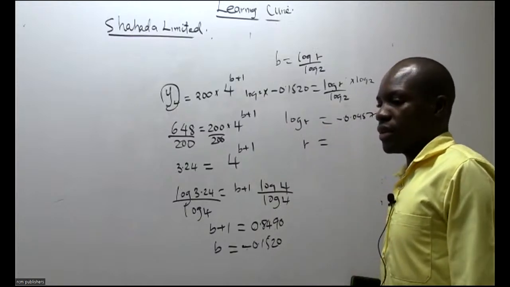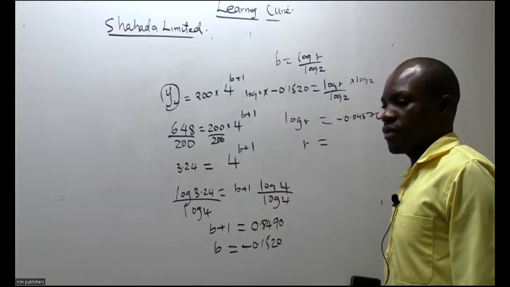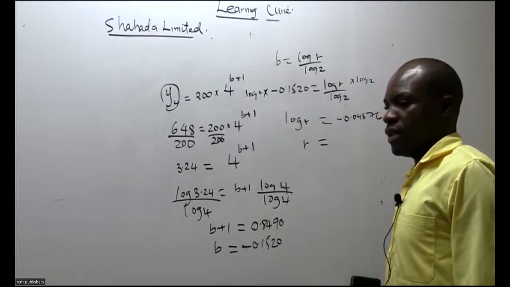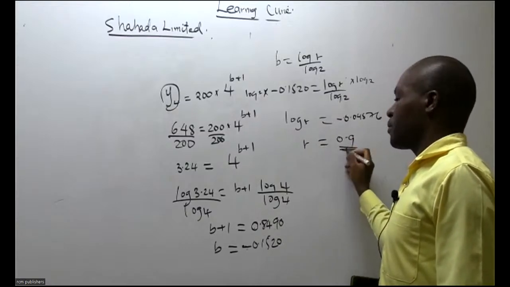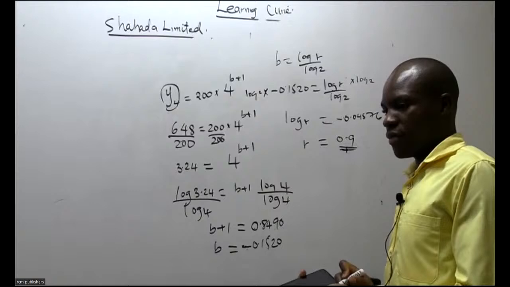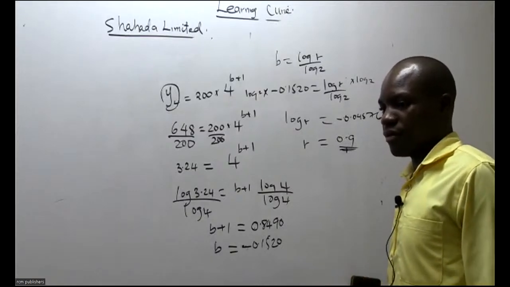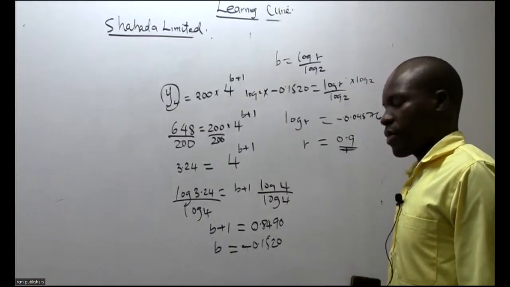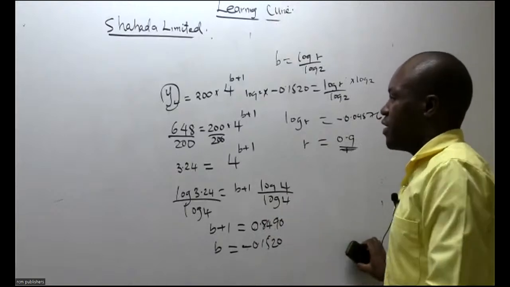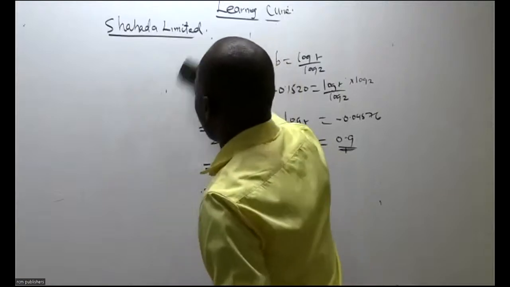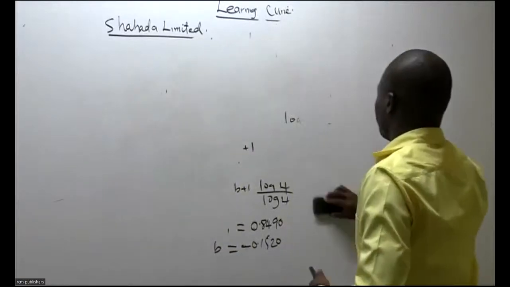The antilog of that will take you to 0.9. Are they not the same? Okay, so during your free time, try using the first 8 units and see if you'll be able to arrive at the same answer.